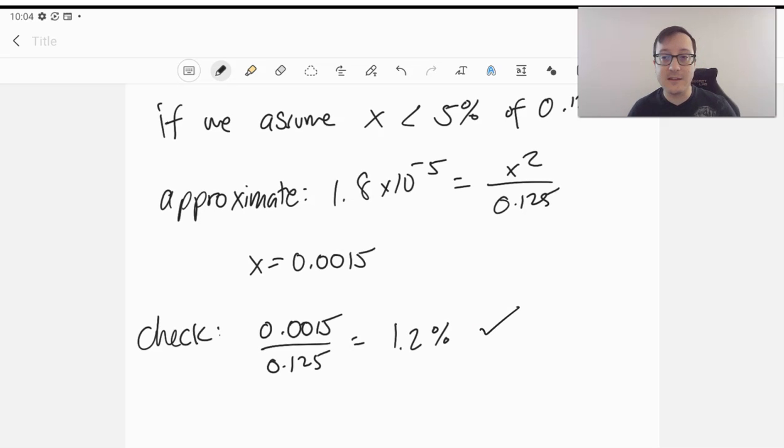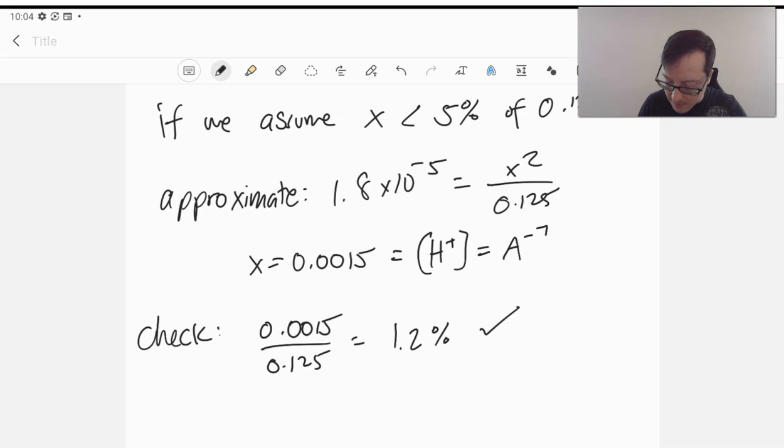So we're okay to make this assumption. That value of x is so small relative to our initial concentration that we don't have to worry about using this approximation. We can say, okay, well, this is now our H plus, which is equal to A minus, and that's going to be what we can use to calculate pH.